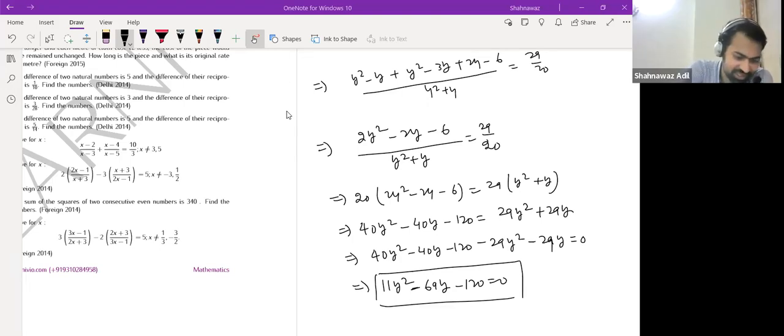So this is the desired equation: 11y squared minus 69y minus 120. So this is the desired equation.